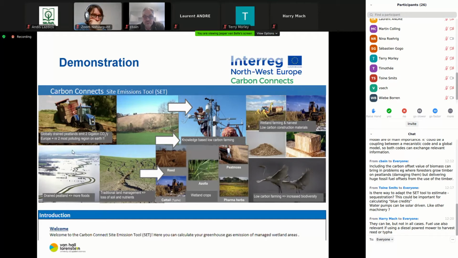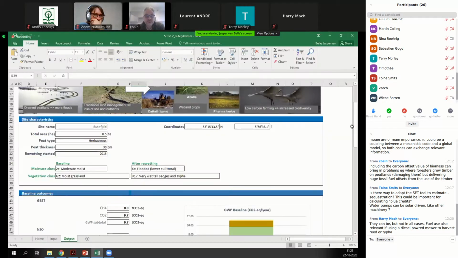I had planned to show you very shortly, if I can do this. There it is. Give you a short demonstration. This is the output screen that you're seeing here, and on top you see a few simple site characteristics which are mainly used to present a comprehensive overview to the user.